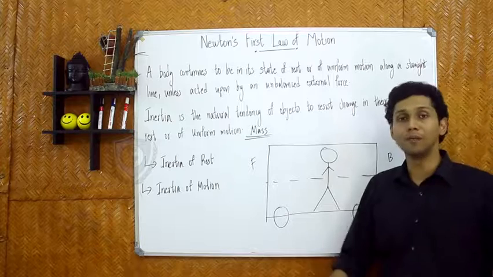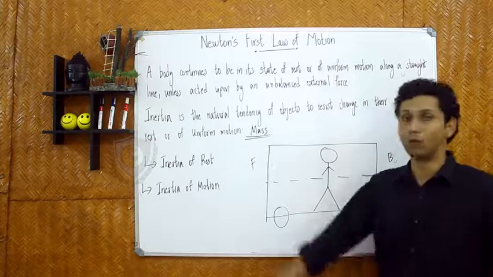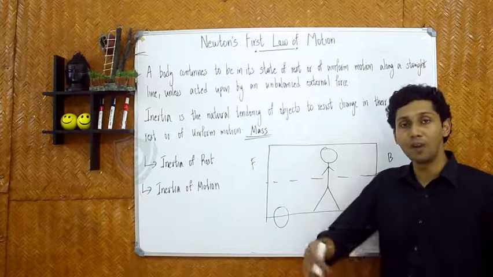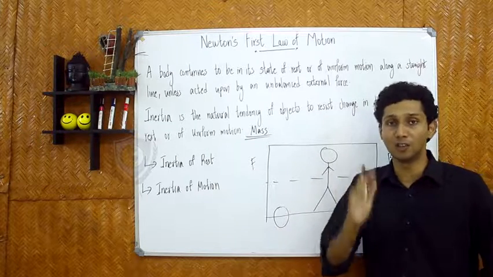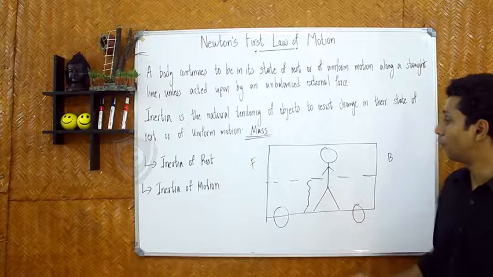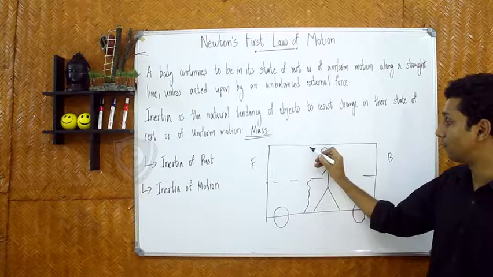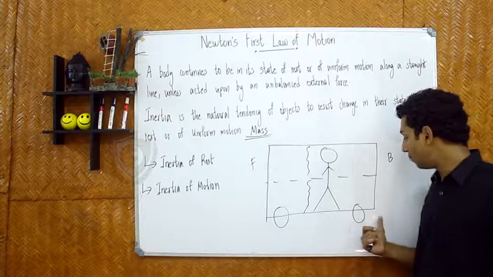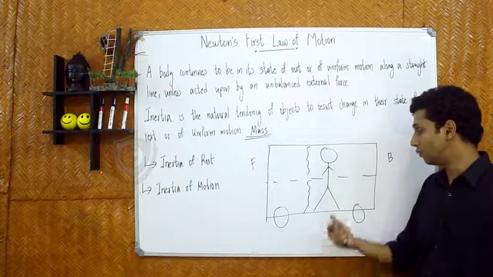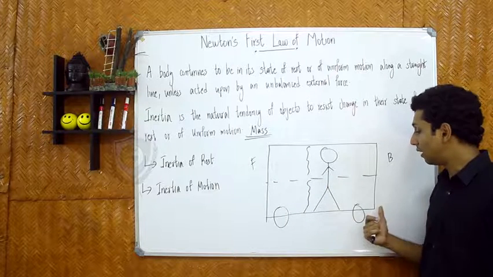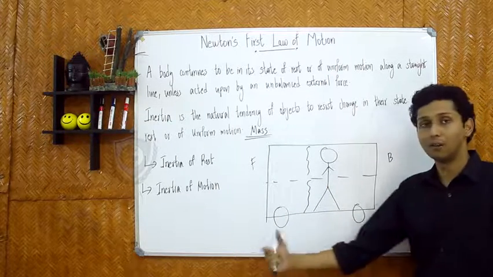Now after some time this bus began to move forward. So when the bus began to move forward, the bus is now in the state of motion. And this is the lower portion of the person, and this is the upper portion of the person. When the bus is in motion, the lower portion of the passenger is in direct contact with the bus.